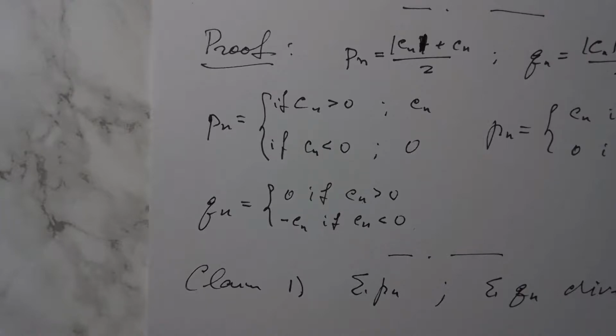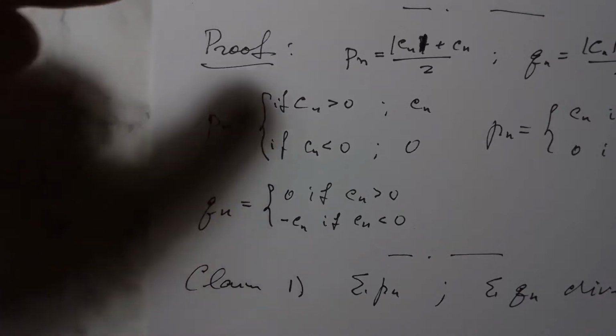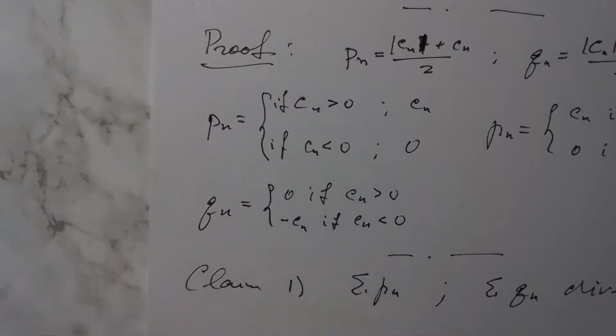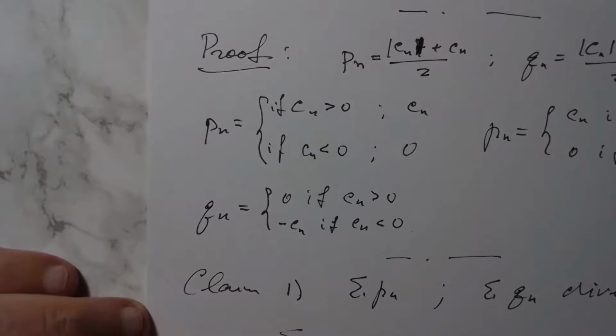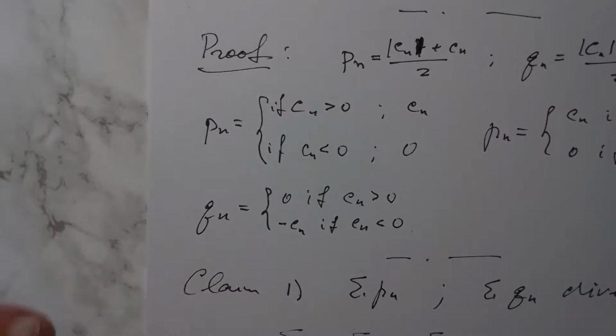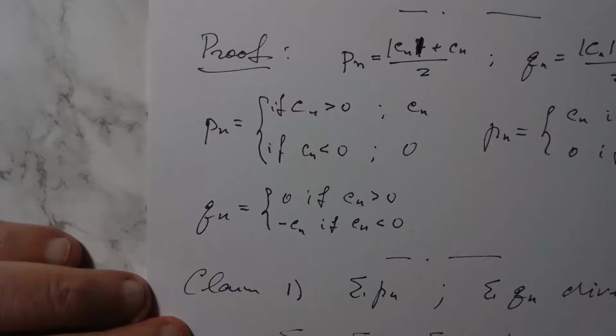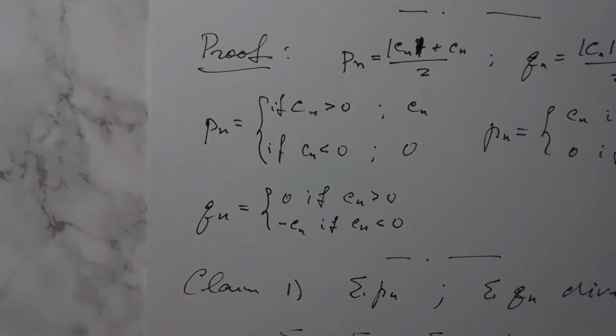If both series converge, then the difference would converge, and the sum would converge, and the sum of the series is nothing else but the sum of Cn absolute value, and so we know that this diverges, so it is not possible that both series converge.